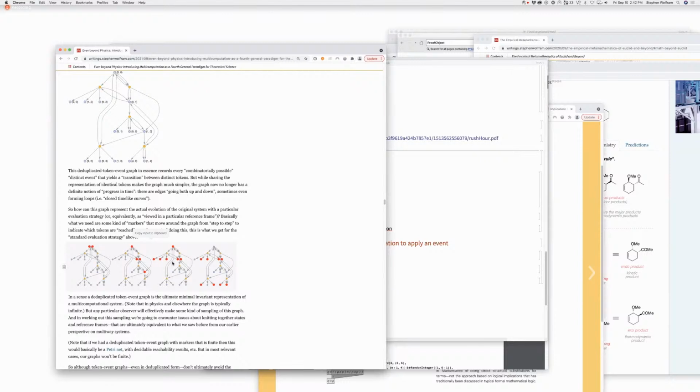This is a particular path. But the point is, in the set replace generate, in the deduplicated token event graphs, you can run this process starting from any group of tokens, not necessarily the initial state, and it will still work.